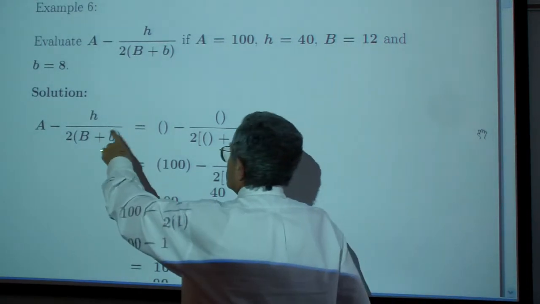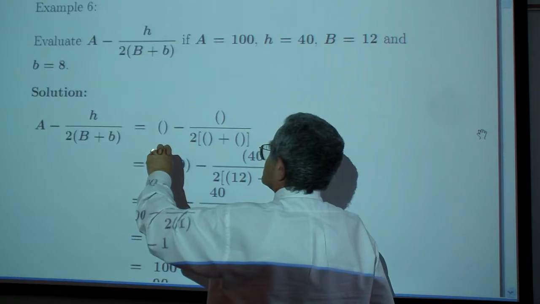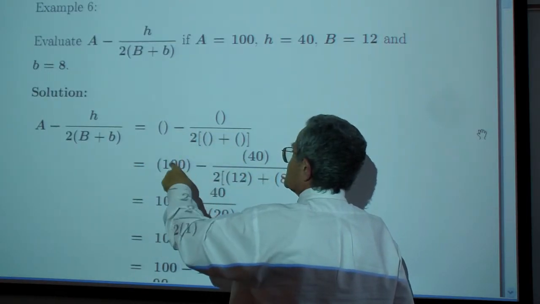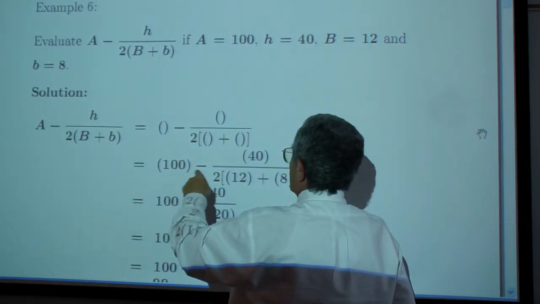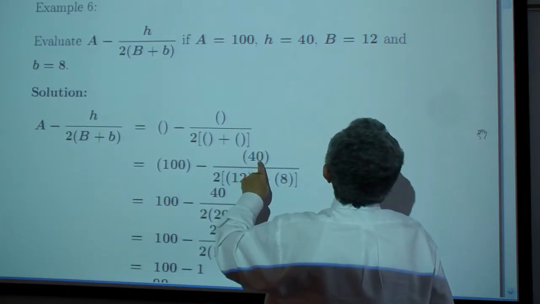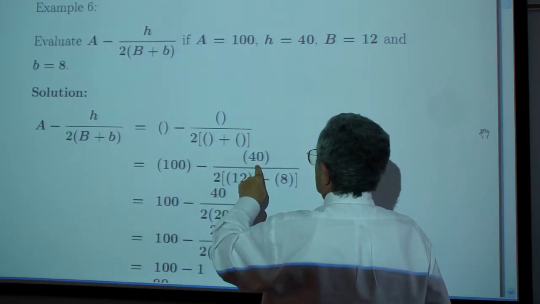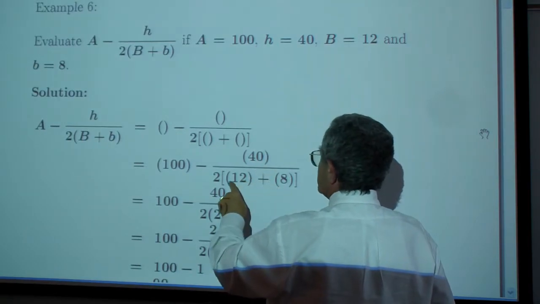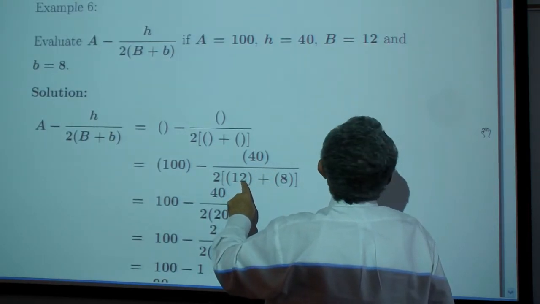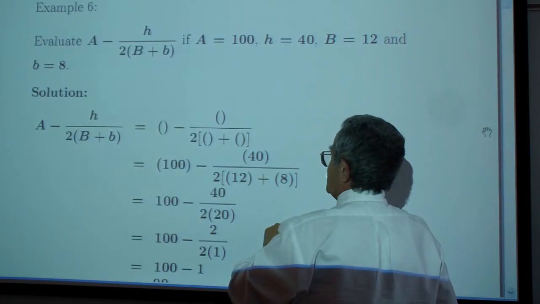You have a minus h over 2 capital B plus small b. Open your parentheses. A is 100. H is, what is H? H is 40. Capital B is 12, small b is 8.